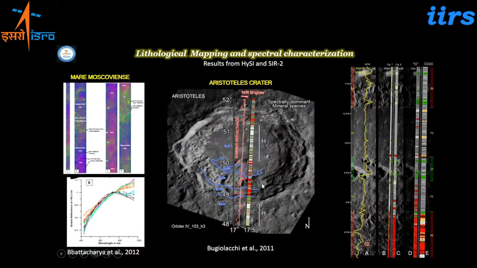And this is an example of the analysis done using the SIR-2 instrument, which utilized a comparative normalization analysis technique to emphasize spectral features and track the various absorption variations and mineralogy, and then tracked the variability of the minerals present across this Aristoteles crater.